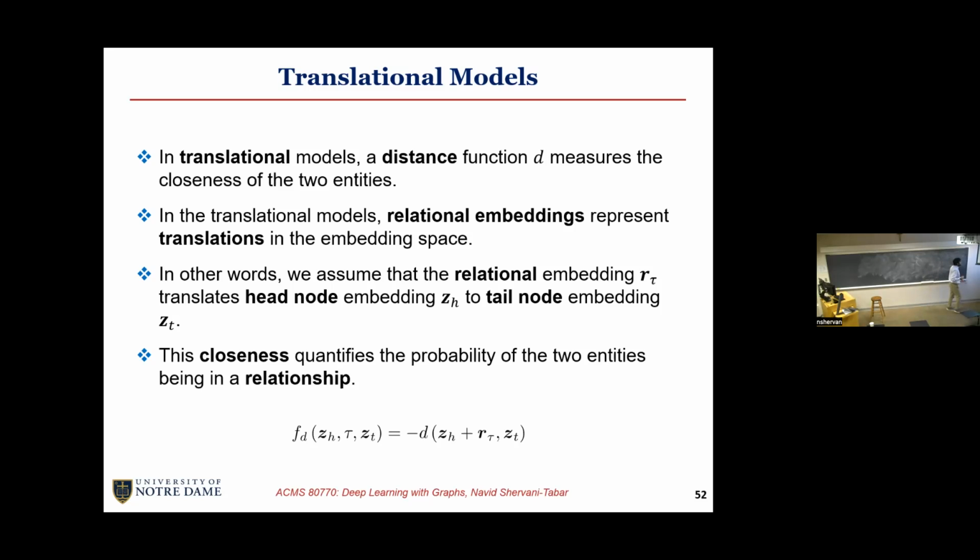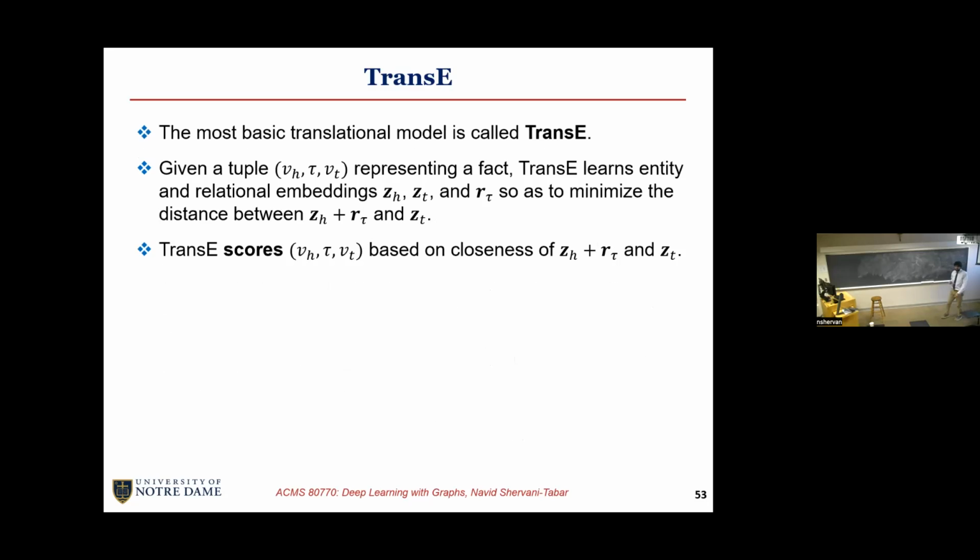So they are structured such that they measure the distance between the translated embedding, shown here as ZH plus R tau, and the tail embedding ZT, right? So if two nodes are connected to each other using some relation, then if I translate the head node using that relation type, I will get to the tail node. So this should be as close as possible to this embedding, right?